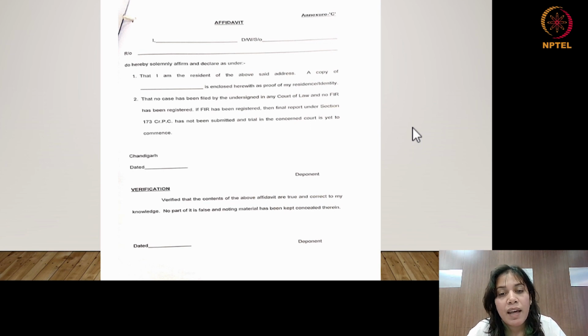And if an FIR has been registered, firstly, there shouldn't be any FIR, but if one has been registered, then the final report under Section 173 has not been submitted and the case has not commenced yet. Also, a verification would be signed that the affidavit is true and correct to the knowledge of the deponent, and no false information has been given or nothing has been concealed.